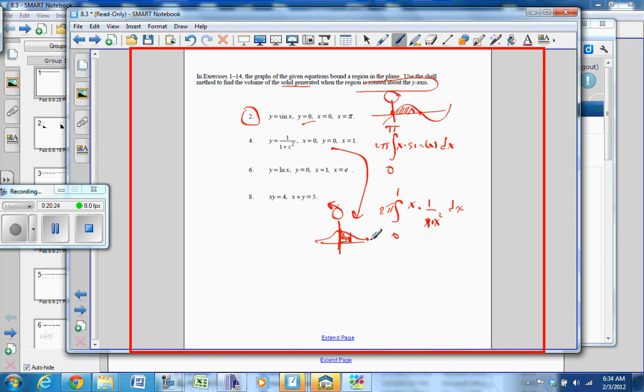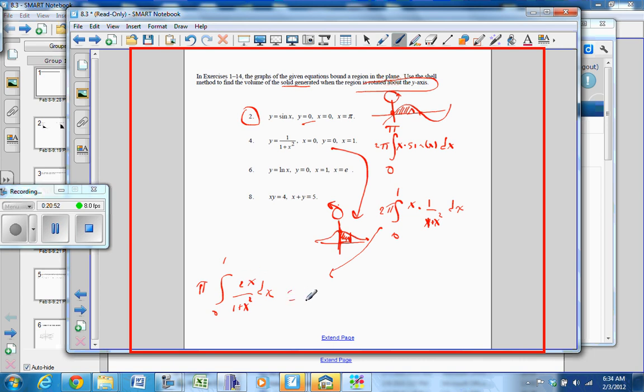We could rewrite this, putting the 2 inside, as 2x over 1 plus x squared. And writing it like that, the bells that should be going off in your head are ln, ln, ln, because we've got a function on the bottom and the derivative up top.